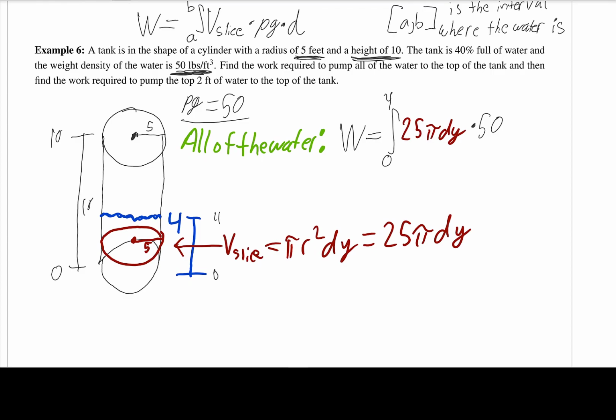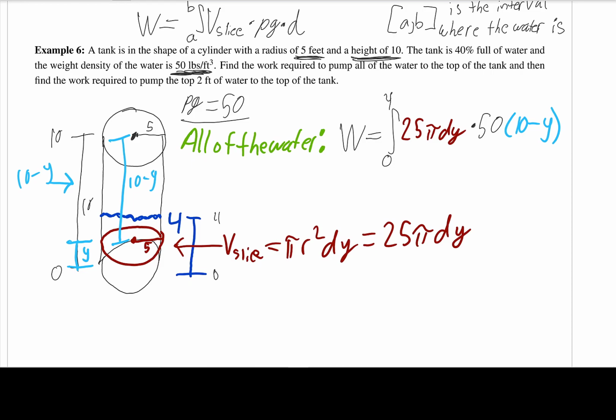Because we're taking some slice out of here, and wherever this slice is, this slice has a height of y, y units from the bottom, where y is going to be somewhere between 0 and 4. Then the distance from this slice to the top of the tank is 10 minus y. So our distance over here is going to be 10 minus y.